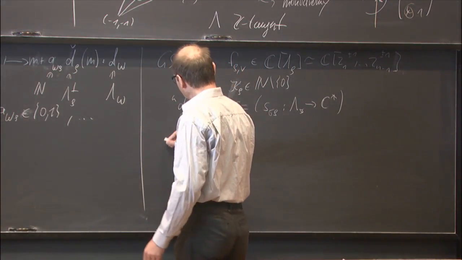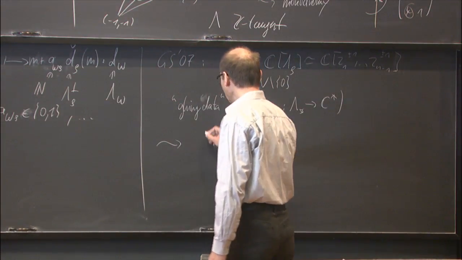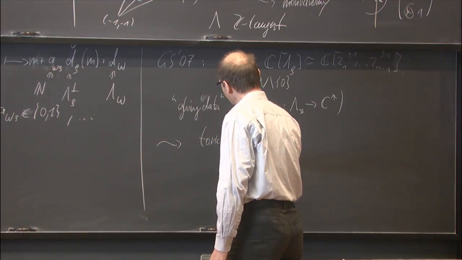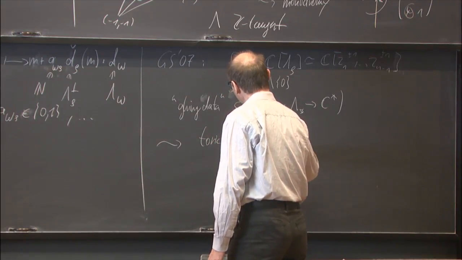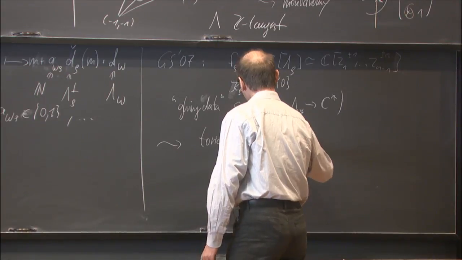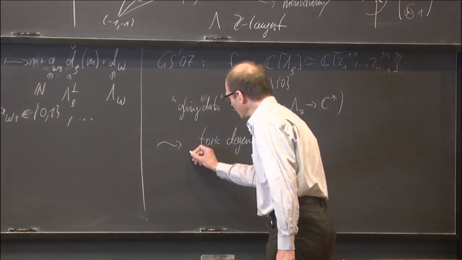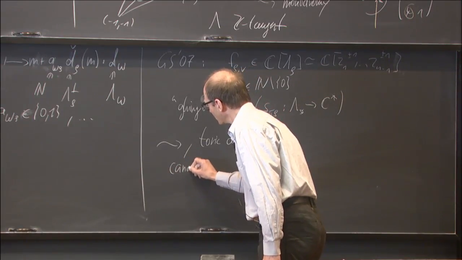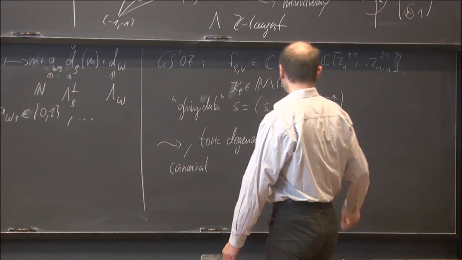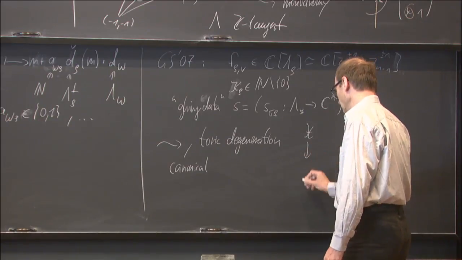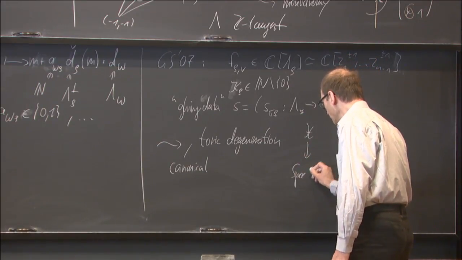Okay, and then there's a construction, gives a toric degeneration under certain technical conditions that are always fulfilled, let's say in the simple case. And that's a canonical toric degeneration involving wall structures and so on. All not so important today. And it's a 1-parameter family.